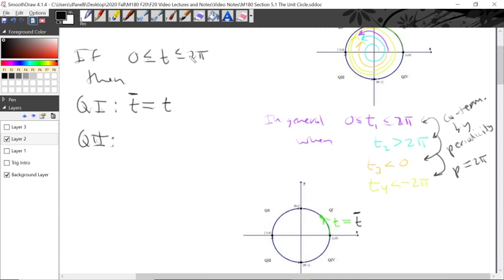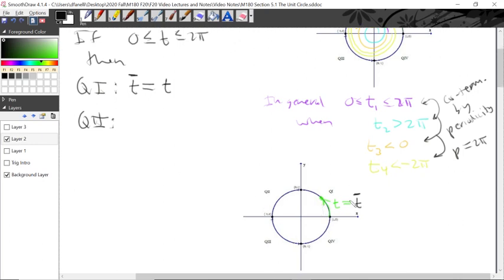If we're in quadrant 2, where t is between 0 and 2 pi, that would be that t is in the interval from pi over 2 to pi. Let's go blue here. If we have a value of t that pushes us into quadrant 2, so we have a terminal point here in quadrant 2, then by symmetry we can associate that back to a quadrant 1 point.